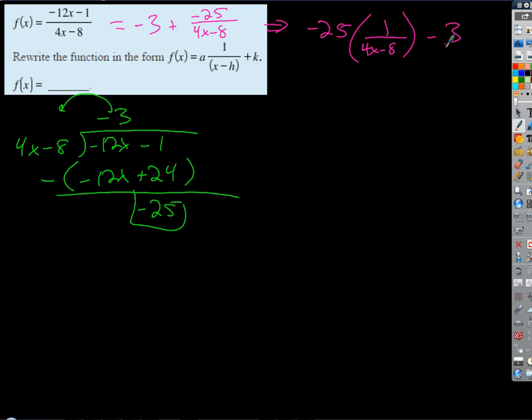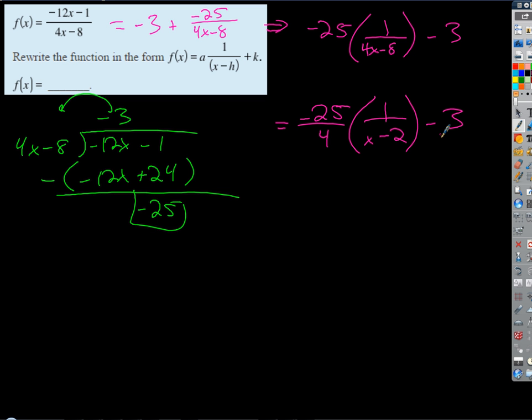Right? That's fine, except this doesn't look like an x minus h in my final problem. So what could I do on the bottom? Okay, I could factor out a 4, couldn't I? Everybody see that? I could undistribute a 4 from the denominator, which makes that look like negative 25 fourths times 1 over, what's left behind if I undistribute a 4 from the bottom? Okay, 2. There you go. So now we got it.